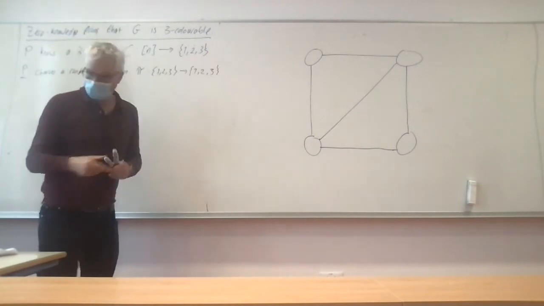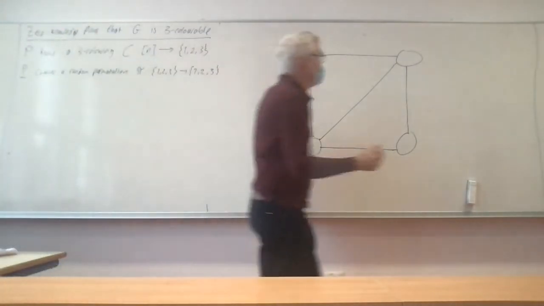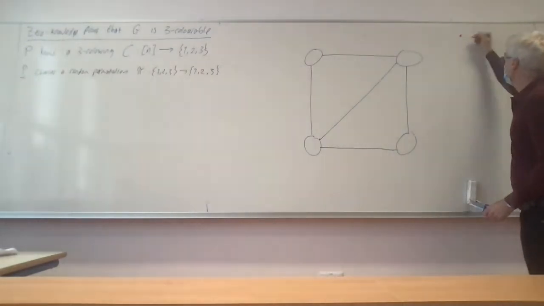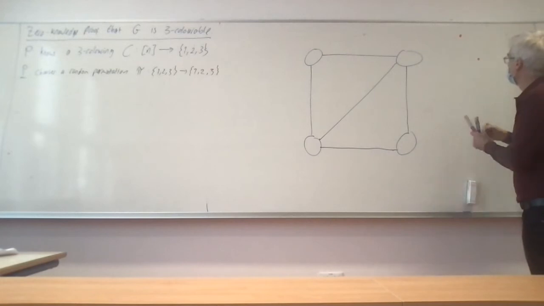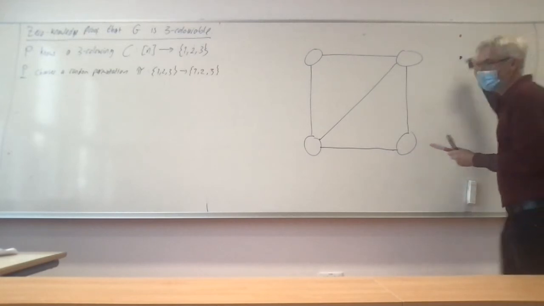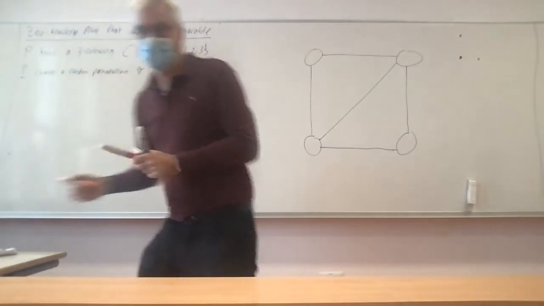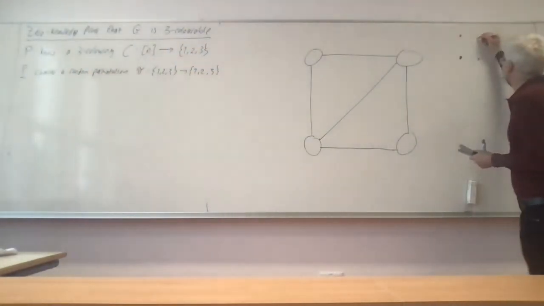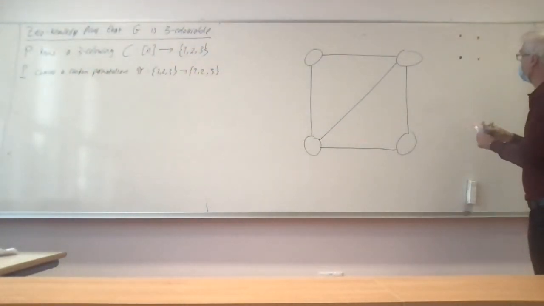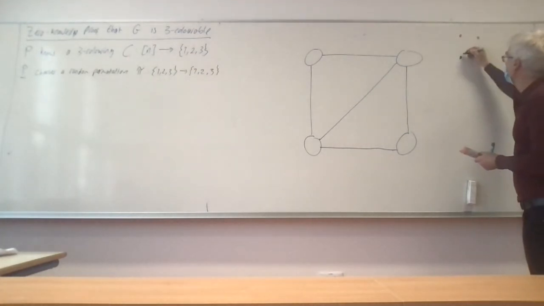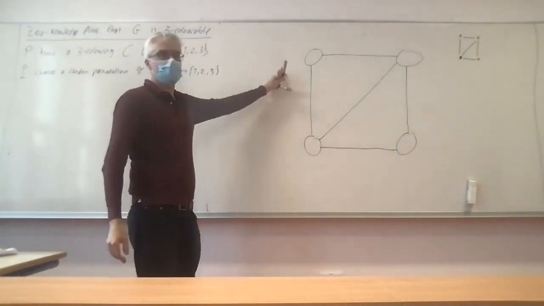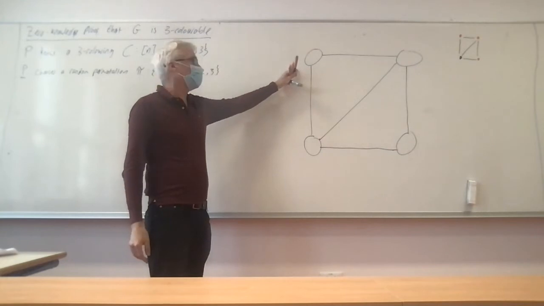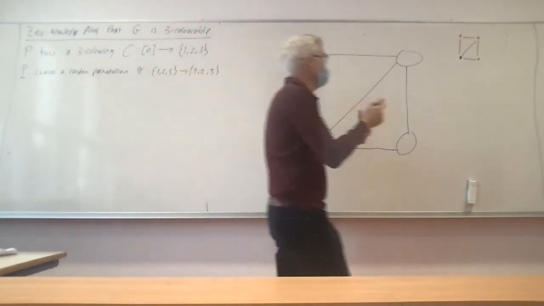So suppose the coloring that P knows is red, blue, and orange. So suppose this is the coloring that's known. But P does not want to reveal that coloring, so it randomly permutes the 3 colors.